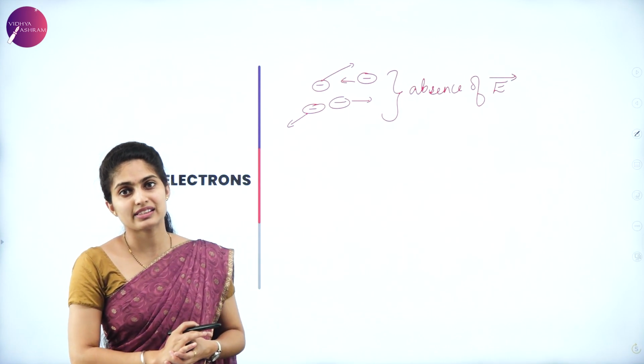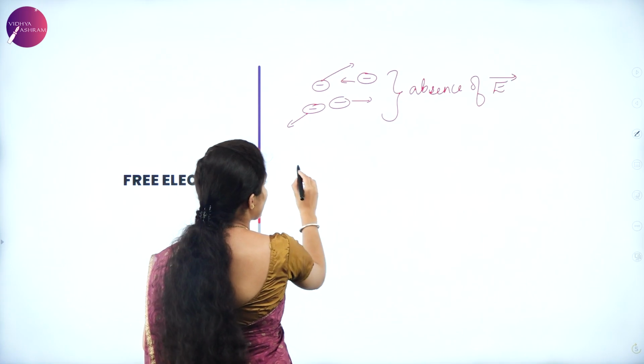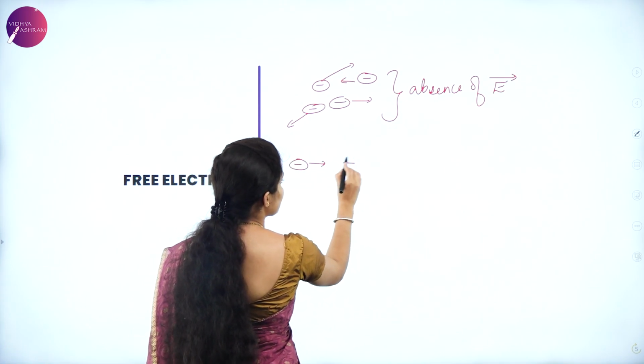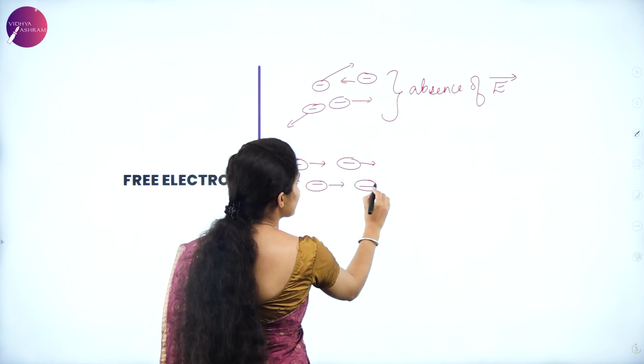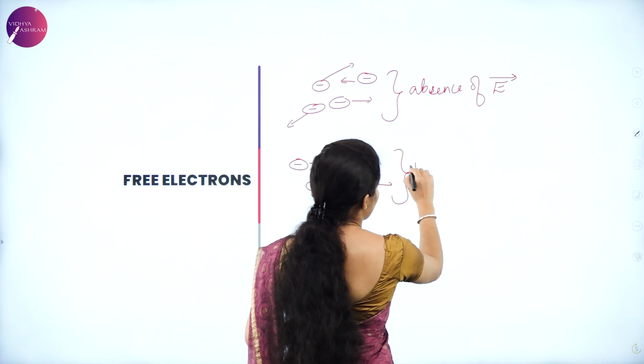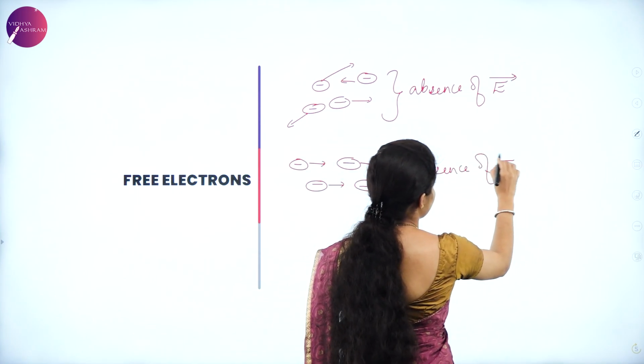When the circuit is connected to the source, that is the battery, the negative electrons move in one single direction, in the presence of an electric field.